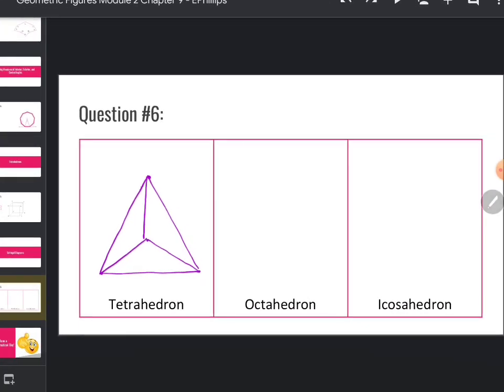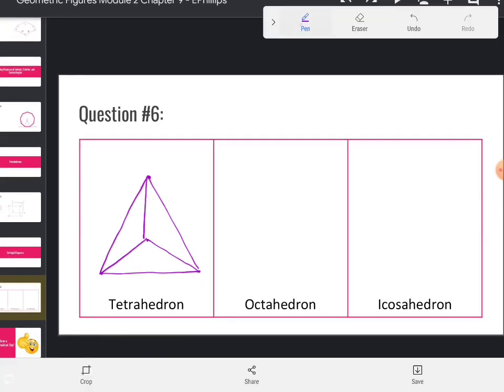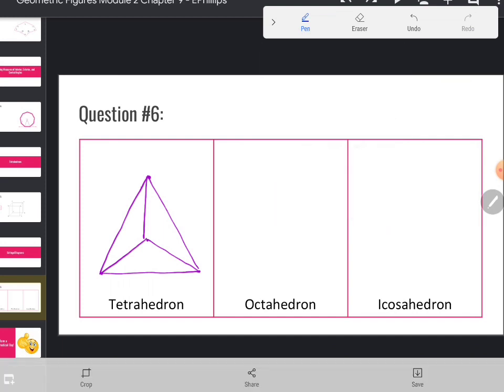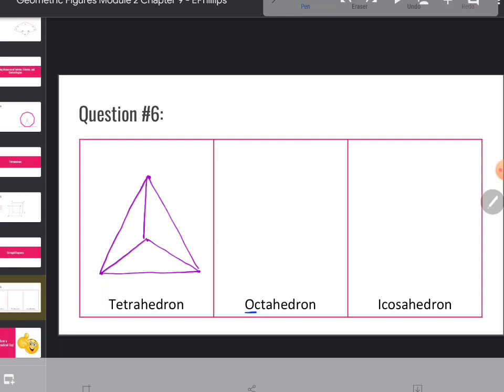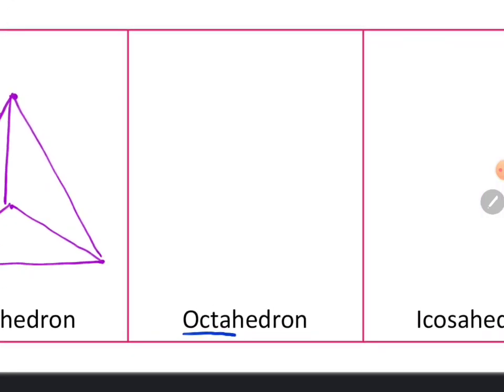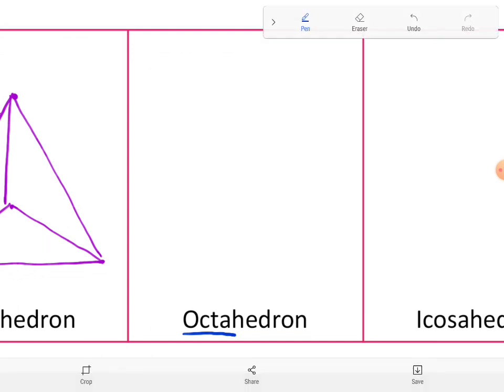Now next up we have our octahedron. Given that it starts out with octa, we can assume that it will look like this.